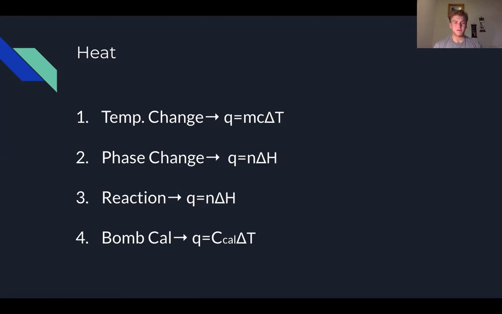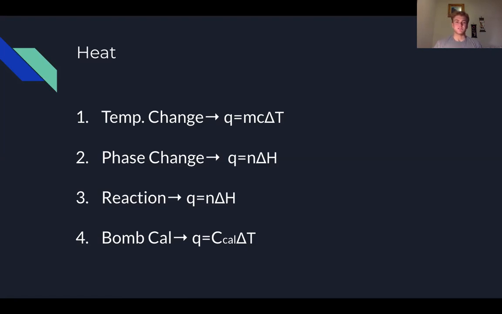And then the bomb calorimeter. Like I said, I didn't put a question in here, but what it would look like is they're going to take a beaker of water or fluid, put the bomb calorimeter inside that beaker, and have a reaction happen inside of the bomb calorimeter.